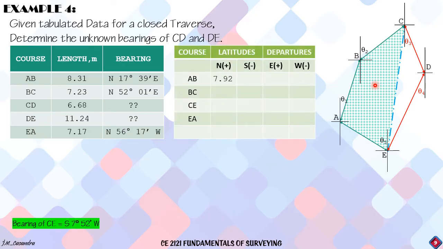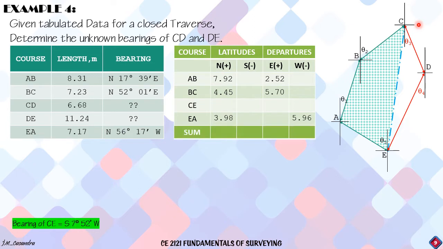AB will have 7.92, BC is 4.45, EA is 3.98, so our unknown is CE. Easting for AB is 2.52, BC will have an easting of 5.70, and EA will have a westing of 5.96. So let's solve for the sum.